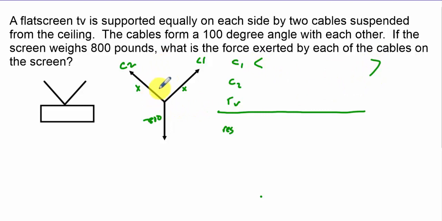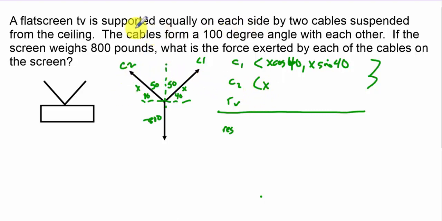Now, one thing we know is this is 100 between these two cables, and if we split that, that'll be 50 on either side because it said it's hung equally. Therefore, these two angles on the other side are 40. So if I'm going to make this polar look go to rectangular, I'm going to take unknown radius times the cosine of 40, and that unknown radius times the sine of 40, added to that same unknown radius because it said it's equally supported, cosine.